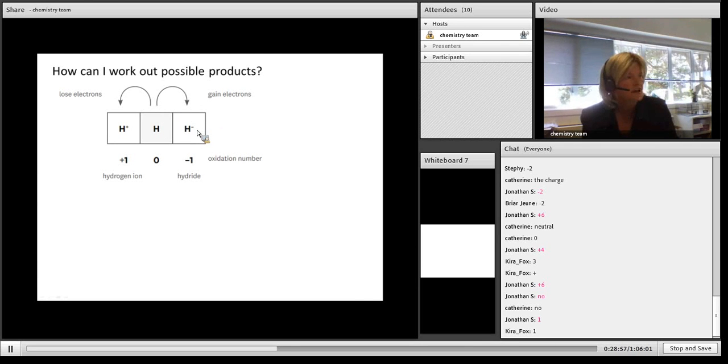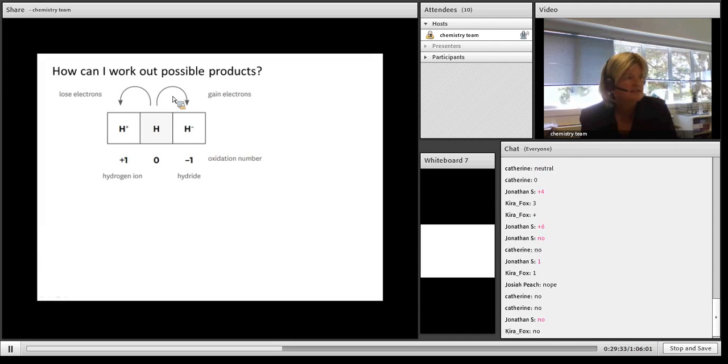Okay, so hydrogen can either gain 1 electron to form the hydride, which is not that common because hydrogen doesn't have a very strong attraction to electrons, but it can gain an electron to get a full energy level, or it can lose 1 electron to form the hydrogen ion. So could I ever get an oxidation number of hydrogen of +5 or +4 or anything like that?